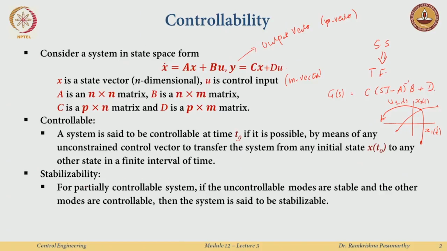Now there could be systems which are just partially controllable. Again, I will not go into the details of this, but I will just tell you. So if I have systems with some n states, which means x is a vector x1 till xn, and I say that the first n over 2 states are controllable and the remaining n over 2 states are uncontrollable.